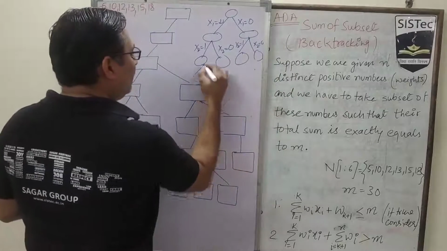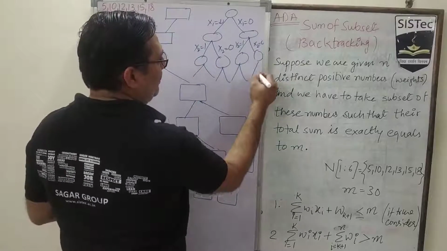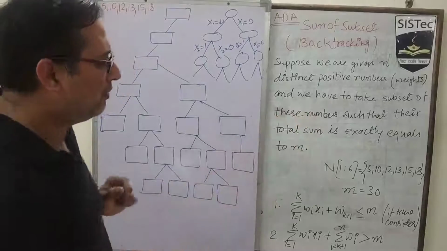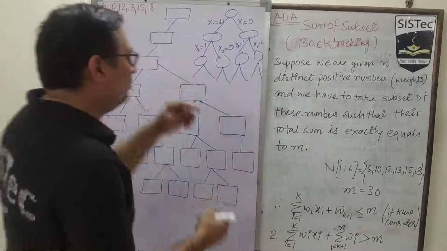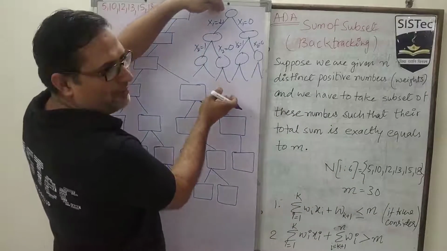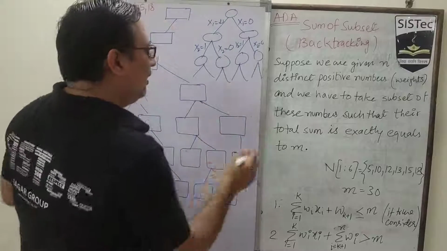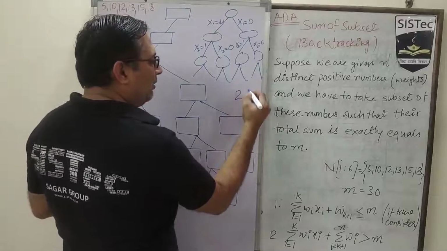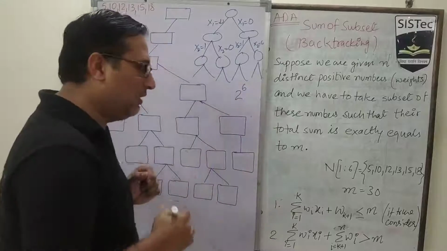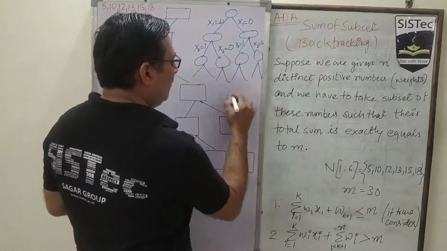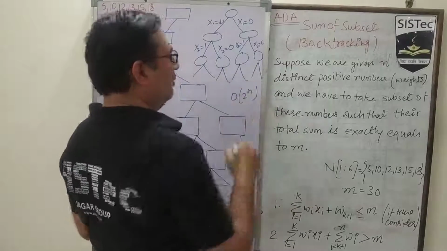In this way, we will explore the whole solution space tree. We have 6 weights, so we'll have 7 levels. Except the root, we'll have 6 levels. So the total possibilities will be 2 to the power 6, so you can say it will be big O of 2 to the power n.